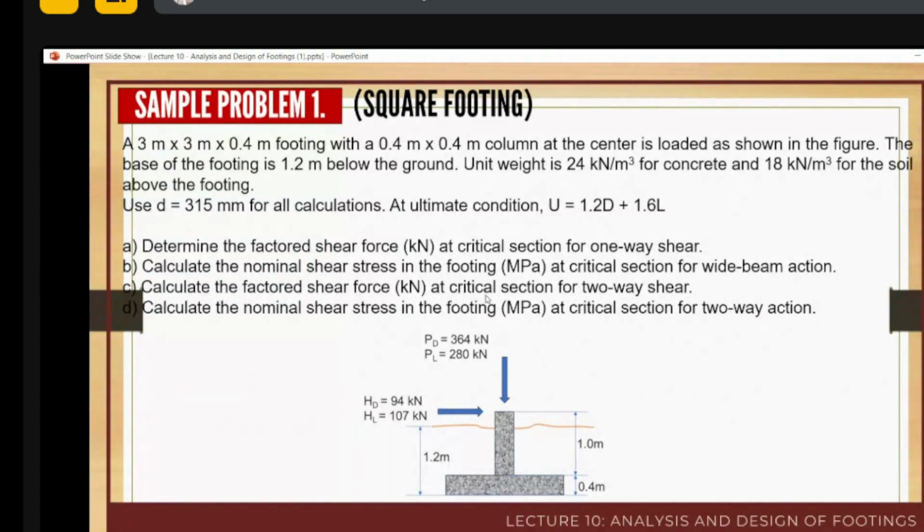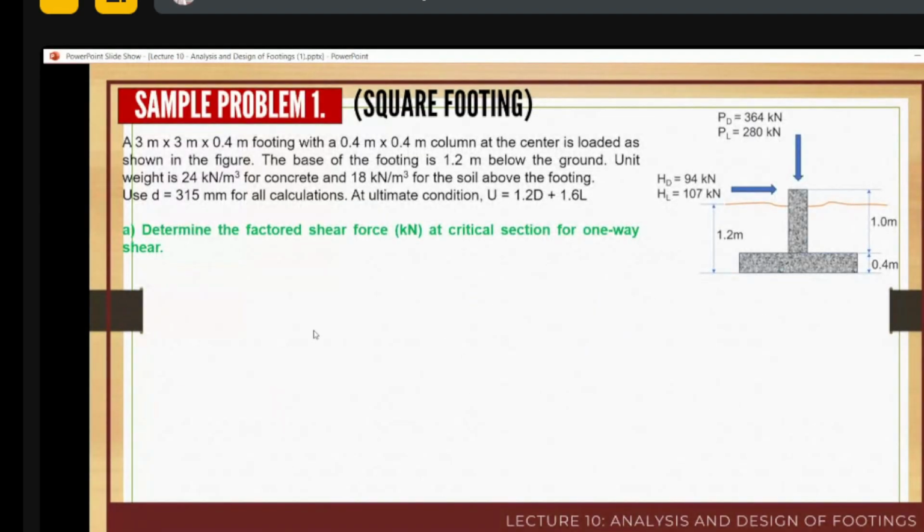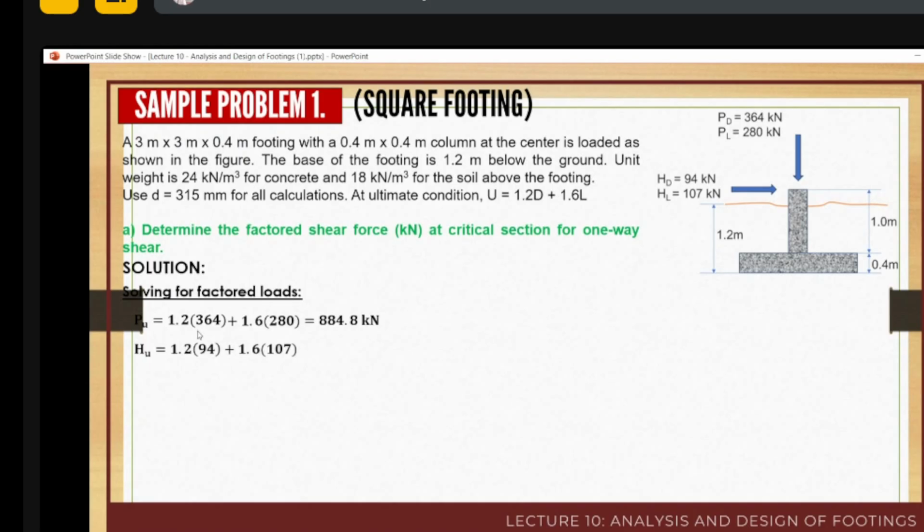So where do we determine the shear force? First is to determine the factored shear force in kilonewton for one-way shear. So we have the dead load and live load, and we use this factored formula, or the ultimate load.